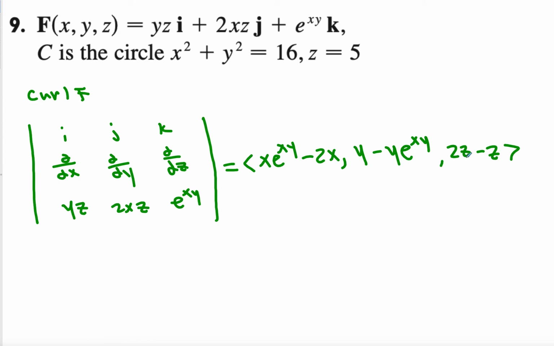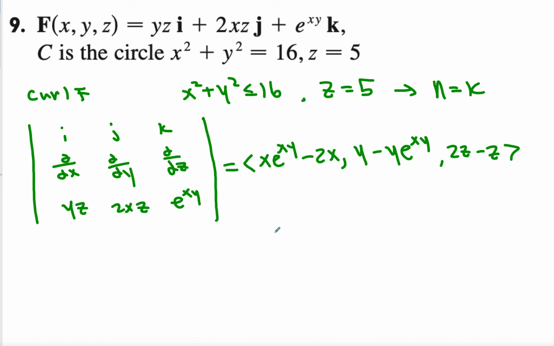Now, when you describe the surface, you can see that the surface we are looking at is x² plus y² less than or equal to 16. Basically, we are looking at the disk at z is equal to 5. And you can realize that the normal vector at this point would have been equal to k.